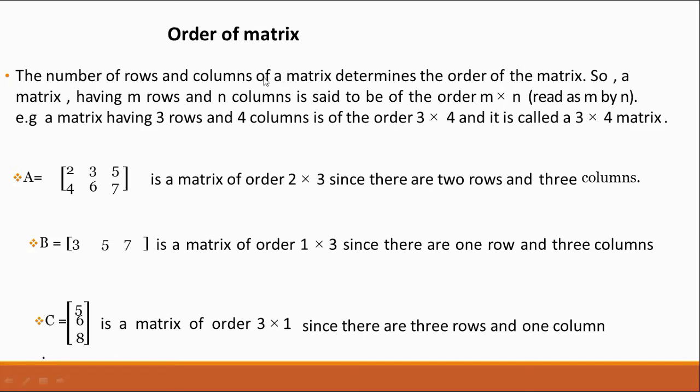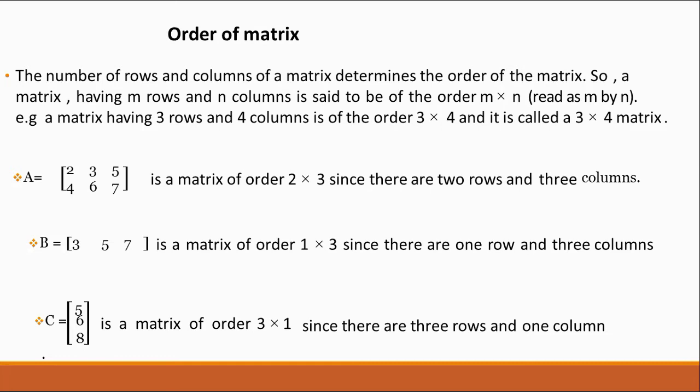Now, what is the order of a matrix? The number of rows and columns of a matrix determines the order of the matrix. So a matrix having m rows and n columns is said to be of the order m by n. Read as m by n. In the previous slide, we found the number of points by multiplying the number of rows and the number of columns.